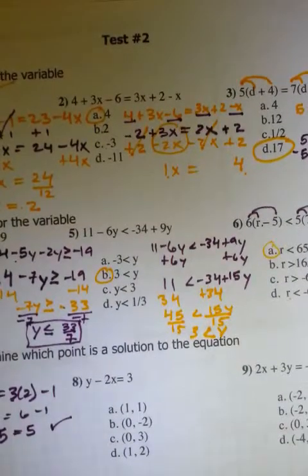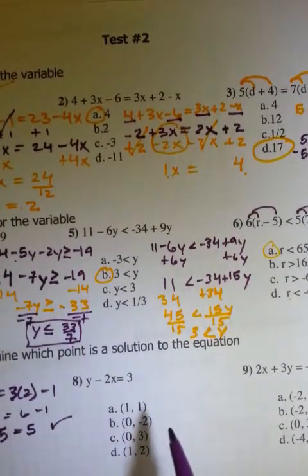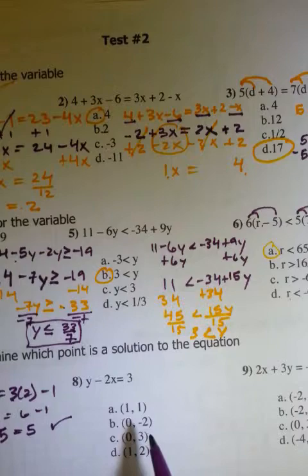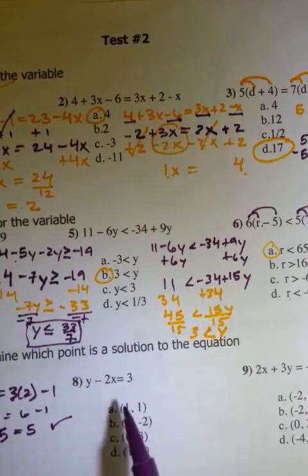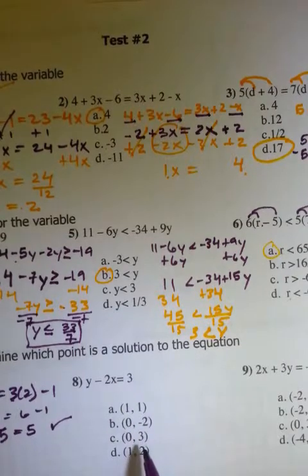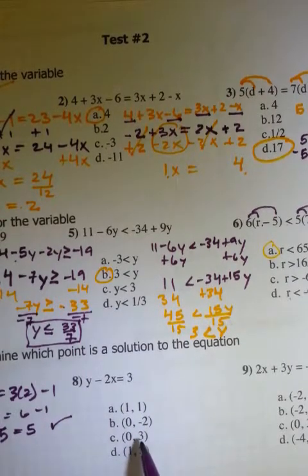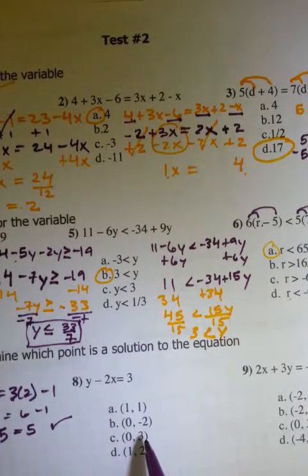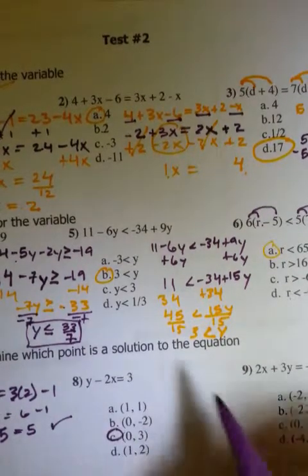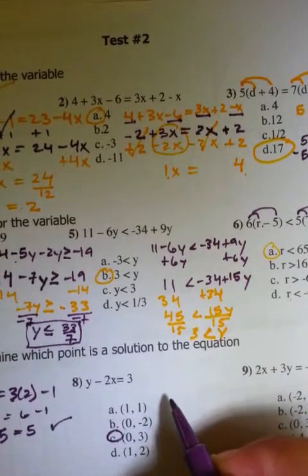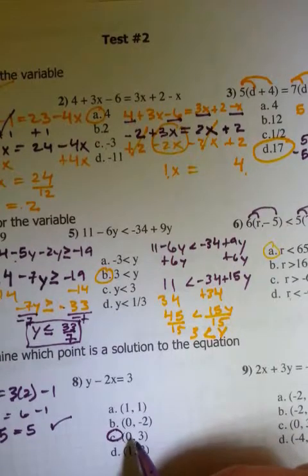Similar here, we go ahead and plug in our answer. I think the answer is going to be 0, 3. Yeah, the answer is C. Okay, so let's go ahead and plug in my answer. I think that's the answer, so let's prove it.